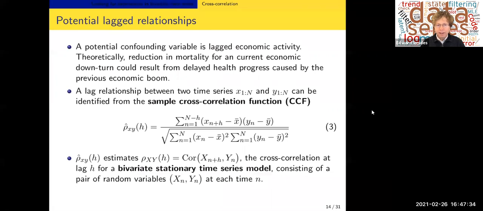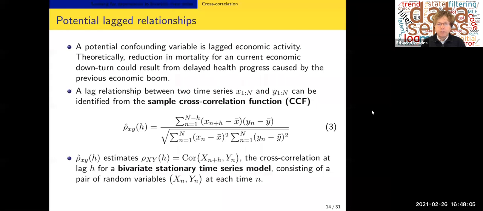And theoretically, that could be just because the gains in life expectancy are a delayed result of the previous economic boom. And so to talk about that, we have to investigate lag relationships between two time series. And that's what we're going to do now.